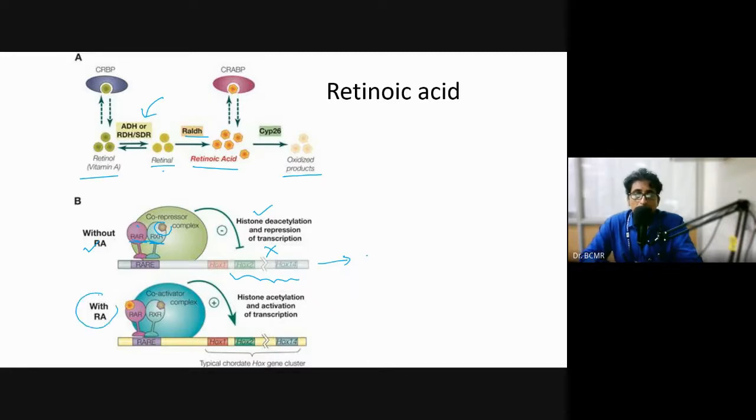When retinoic acid binds to the retinoic acid receptor, the coactivator is recruited, and that will allow histone acetylation and thereby activation of transcription. And then the cell will undergo differentiation. So hopefully we will not have any more cancer stem cells left.